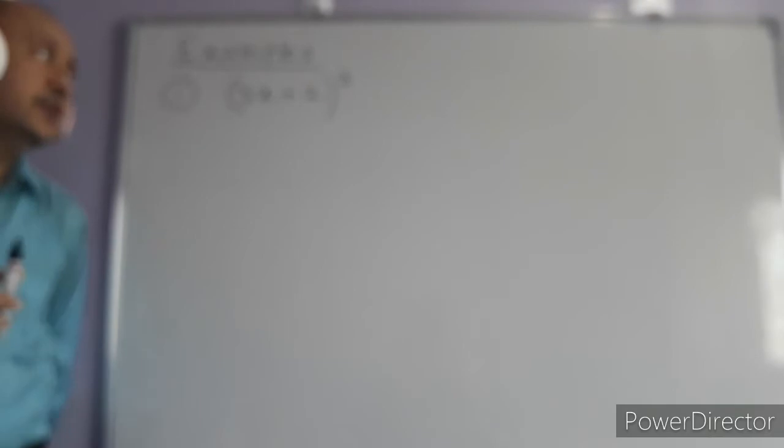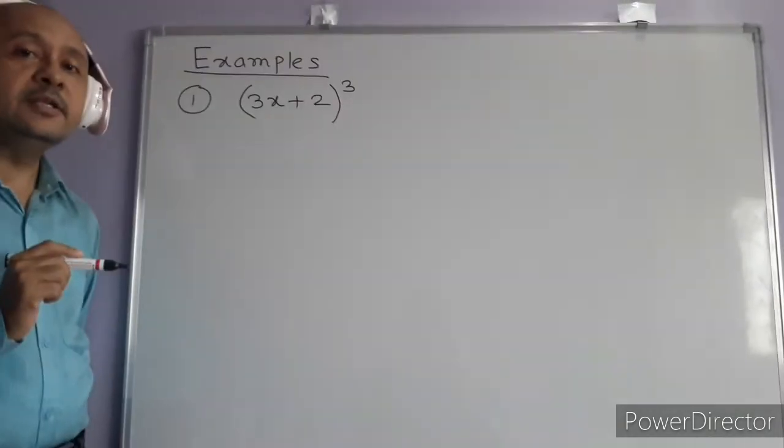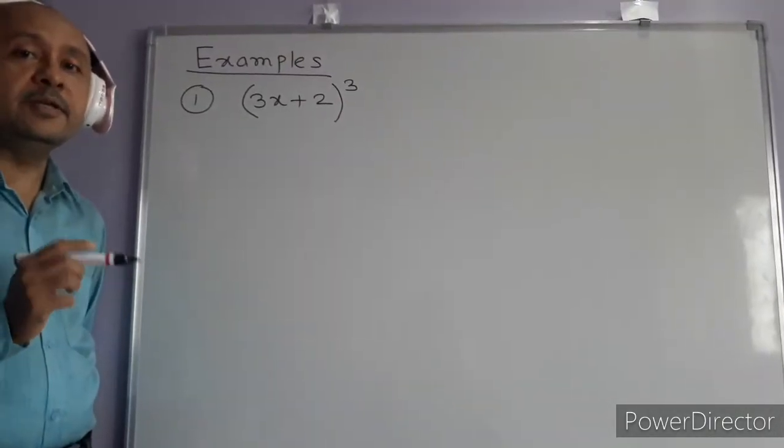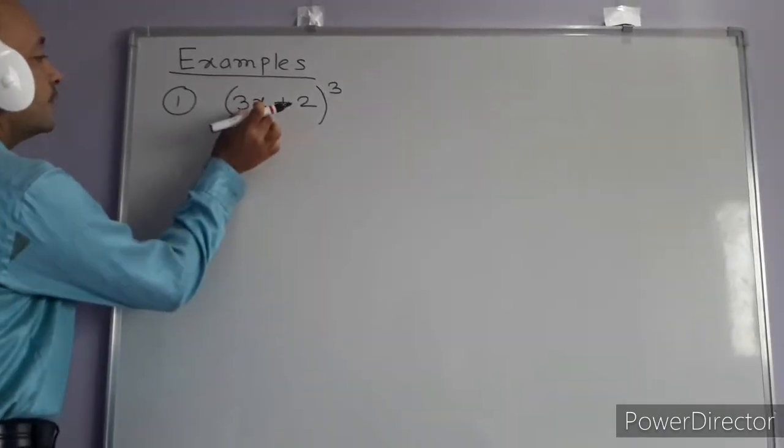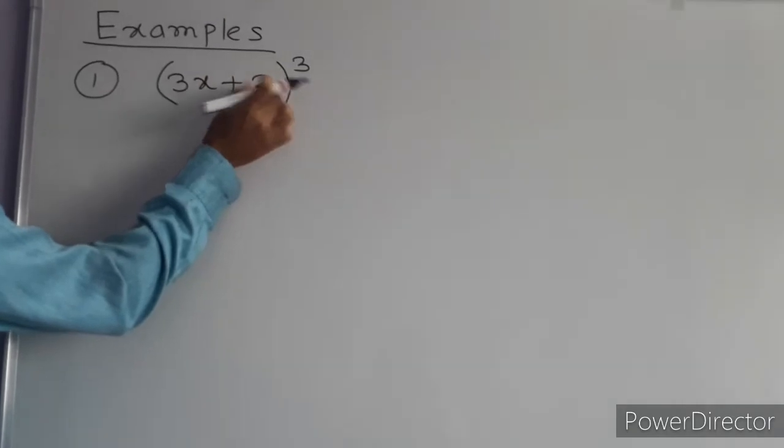So recall the identity, (a + b) whole cube is equal to a cube plus 3a square b plus 3ab square plus b cube. Let us use the identity, this is called the first term and this is called the second term.